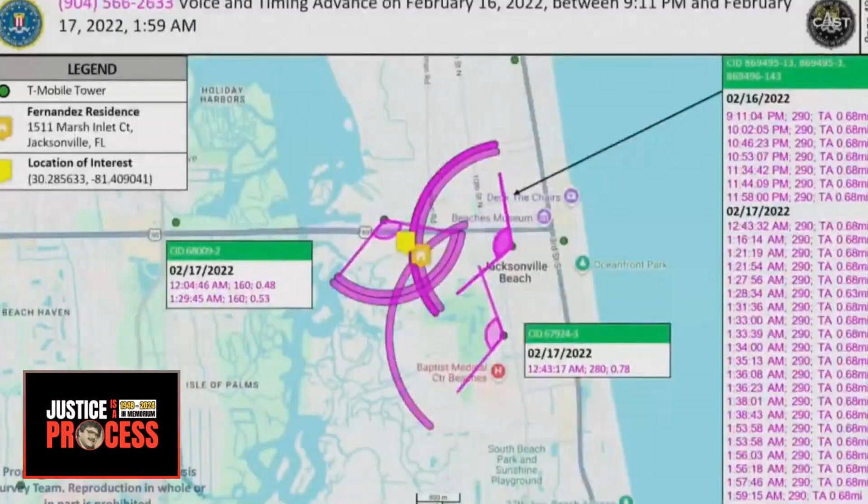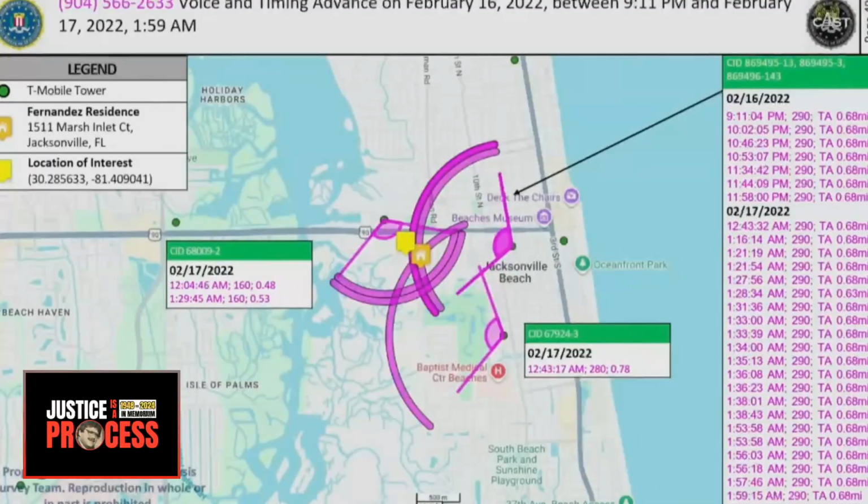And then here we have Mr. Fernandez's phone showing timing advance records between 9:11 p.m. on February 16th and 1:59 a.m. on February 17th. And again, what does this slide indicate to you? So there's a lot of timing advance events from 3 different towers, all sectors facing one another in the area of these 2 locations with timing advance.